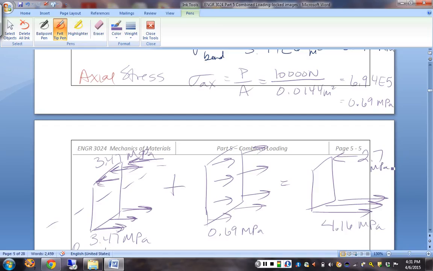Does that make sense? So would that be the final answer? So your final answer, what's the worst case? The worst case is 4.16 megapascals of tensile normal stress at the bottom of the beam. Because these are opposite sign at the top, they lessen the effect.